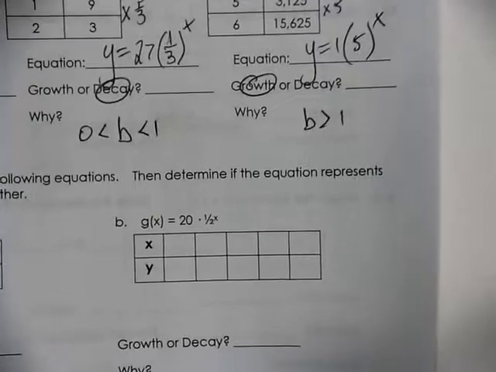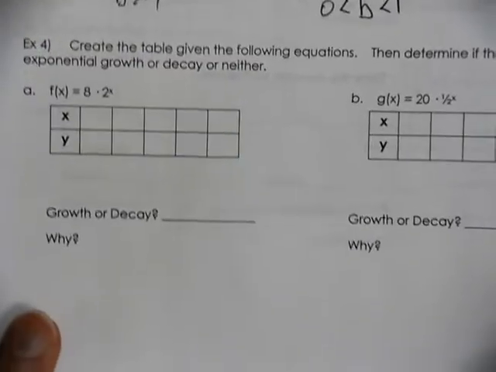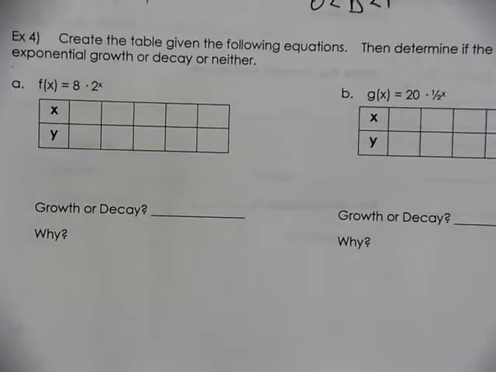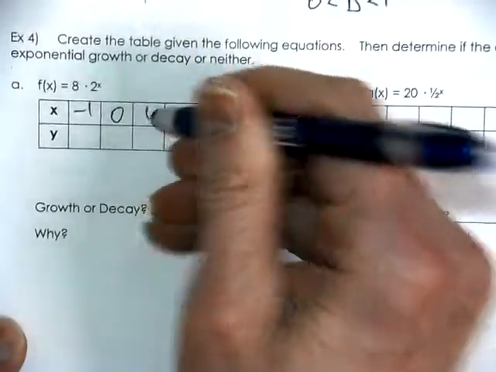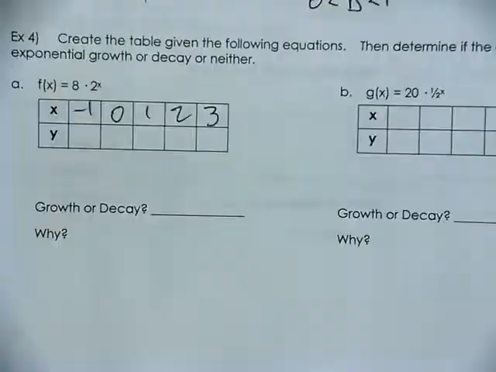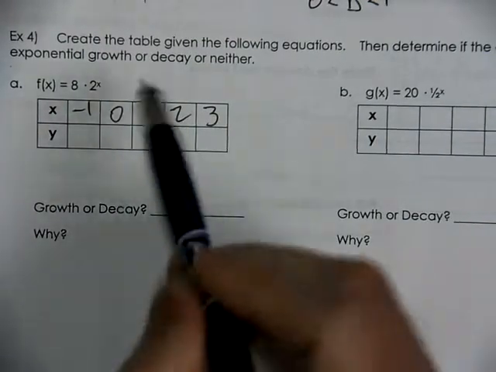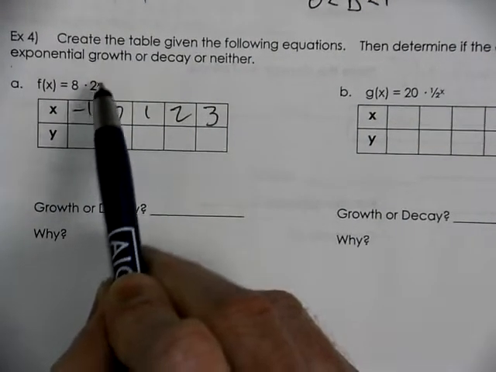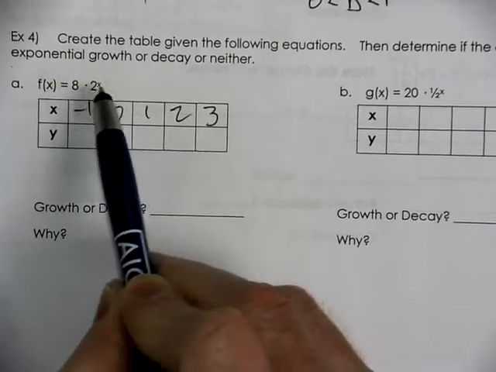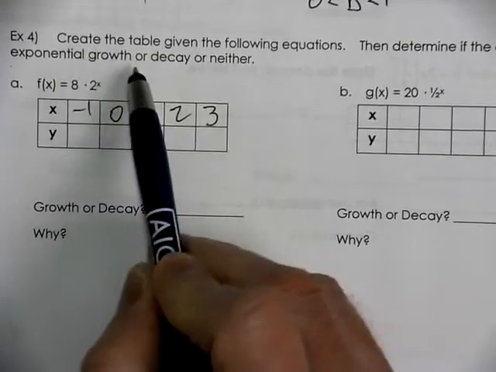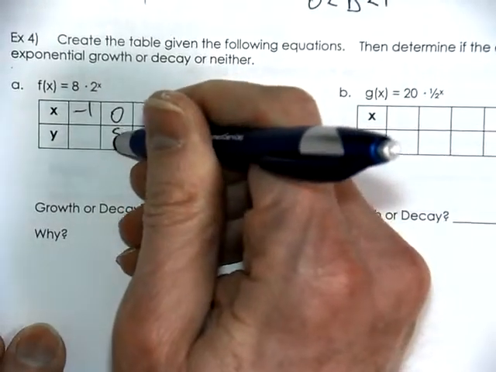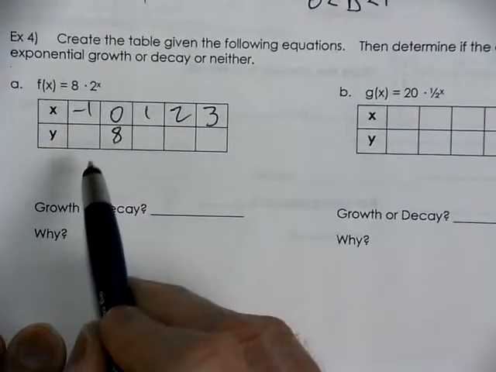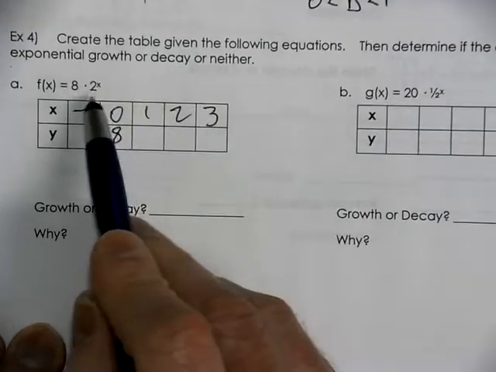If we have an equation and we're going to write a table, we would need a list of x values to use. And when we plug 0 in for x, any number, happens to be 2, to the 0 power is always going to be 1. So 8 times 1 is 8. And then you're going to times that by 2.